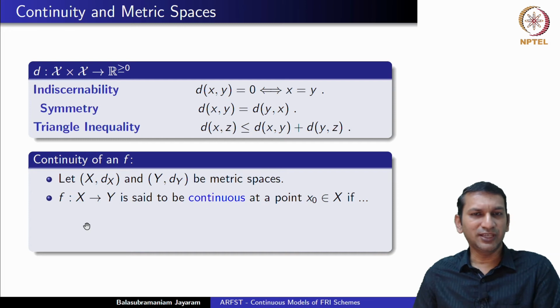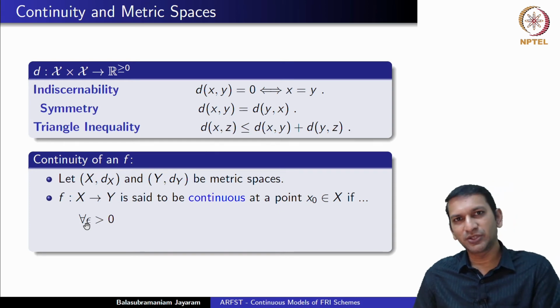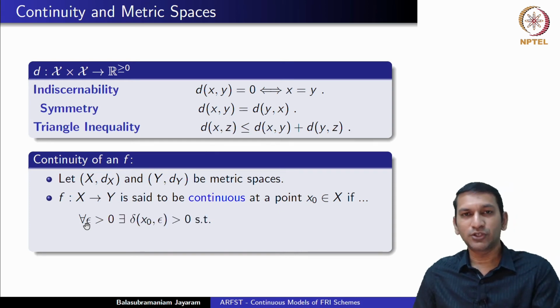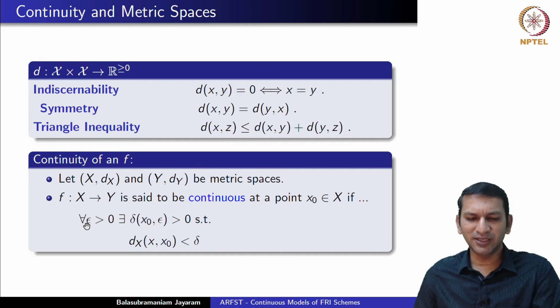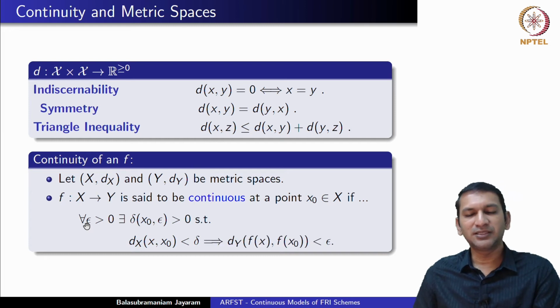We say a function f from X to Y is continuous at a point x0 in X if for every epsilon greater than 0 there exists a delta, which obviously depends on both x0 and epsilon, such that whenever d_X(x, x0) is less than delta, this implies d_Y(f(x), f(x0)) is less than epsilon. All we are saying is if x is close enough to x0 within the distance or measure of delta, then the image of x under f should be close enough to the image of x0 under f.